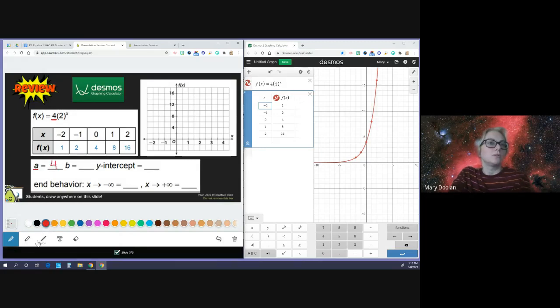And b, in a different color, B right here is the value inside the parentheses. So B is 2.